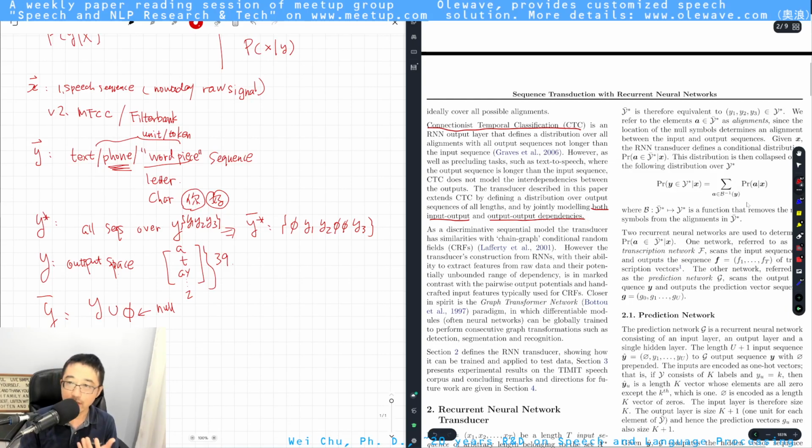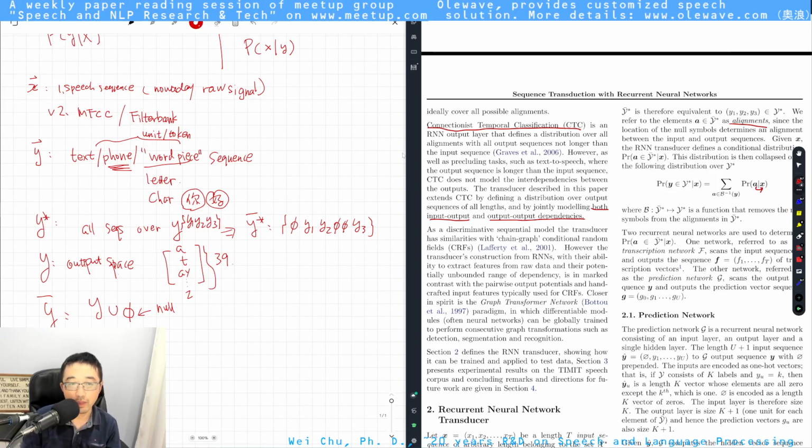So what is the alignment? It's mentioned here. The definition of the alignment is, given any input X, there is an alignment A. I want to correct myself.